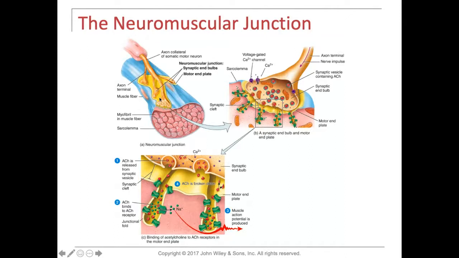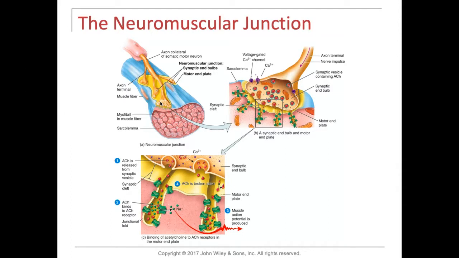At the very end, we have these swollen tips called the axon terminal, and at the very end of the axon terminal, we have these end bulbs because they're swollen. And at the end bulbs, that's where neurotransmitters are stored.